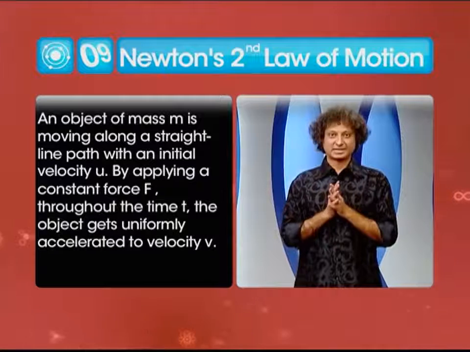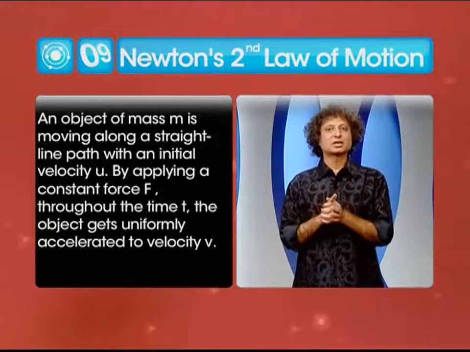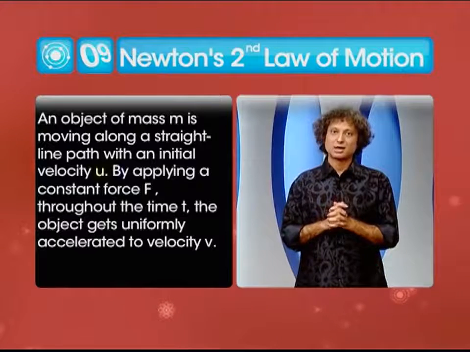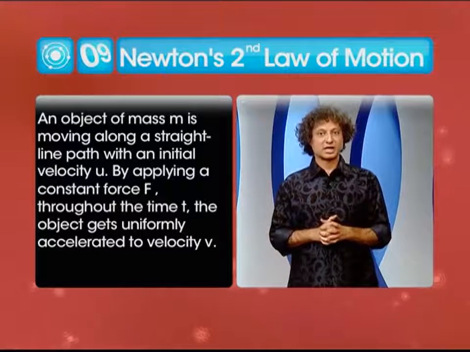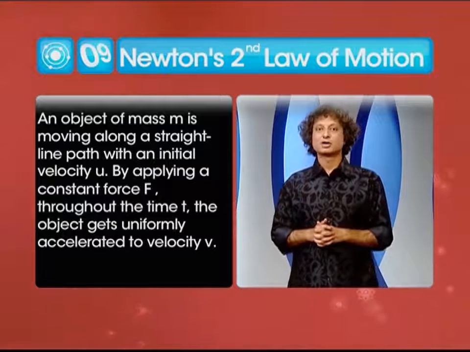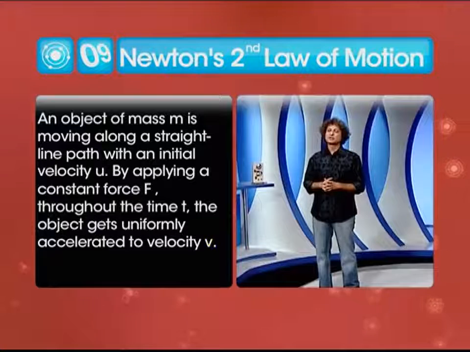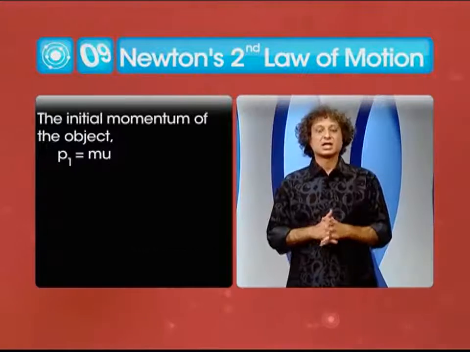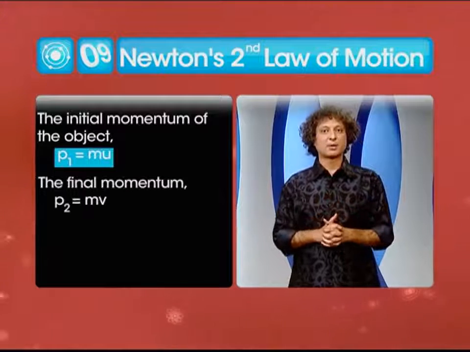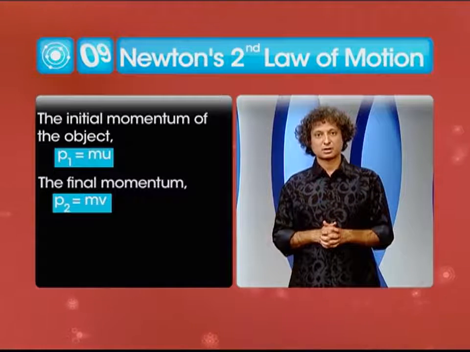Now, let's derive Newton's second law of motion mathematically. Let's assume an object of mass m is moving along a straight line path with an initial velocity u. By applying a constant force F throughout the time t, the object gets uniformly accelerated to velocity v. The initial momentum of the object will be p1 and the final momentum will be p2.